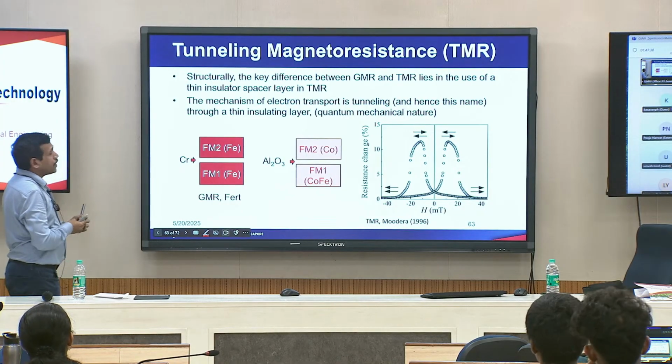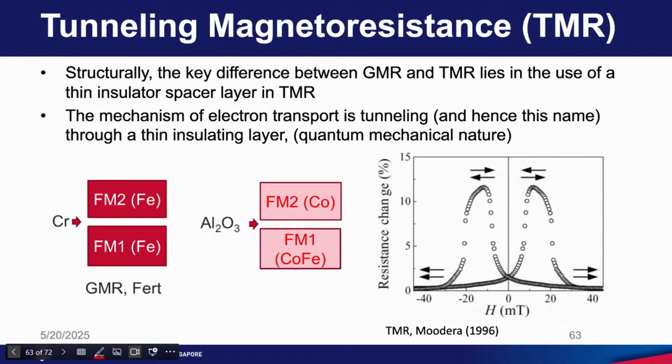Okay, so now let us get back to what TMR is, what was the observation of TMR in 1996. In 1996 this group from MIT, led by one Indian scientist, Jagadish Moodera, used 2 layers of ferromagnetic material.